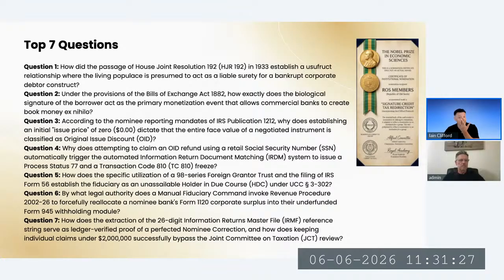The debtor can never be the holder in due course. Only a creditor entity can be a holder in due course. The creditor entity is the foreign grantor's trust. It's separate from the debtor. It's not the debtor. It's not the straw man person. It is a separate entity, and it qualifies as a nominee for the true creditor.